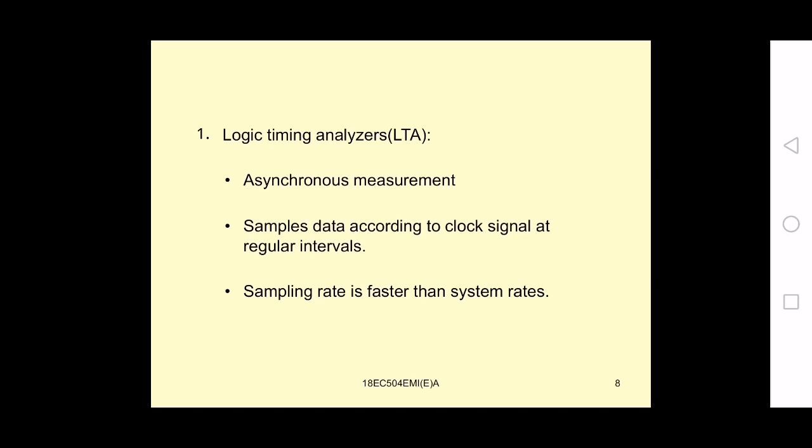LTA samples the data according to the clock signal at regular intervals. As it is an asynchronous measurement, the sampling rate is faster than the system rates.